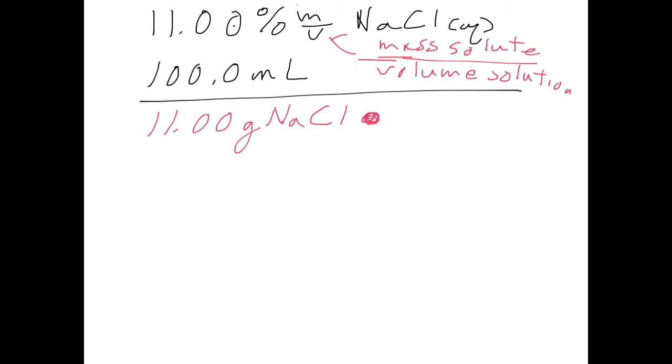There's my sodium chloride. All right, I'd get a piece of glassware known as a volumetric flask that's capable of very accurately measuring volumes of 100 milliliters. We'll talk about volumetric flasks in great detail in a few seconds.